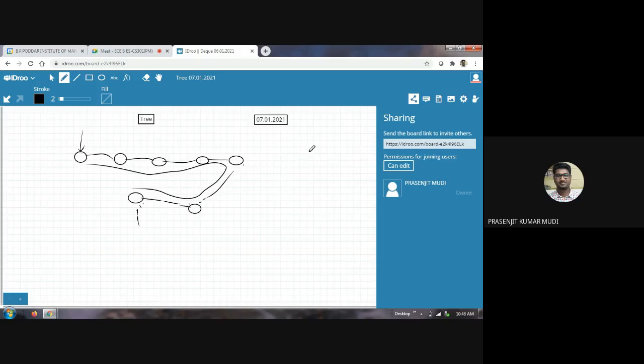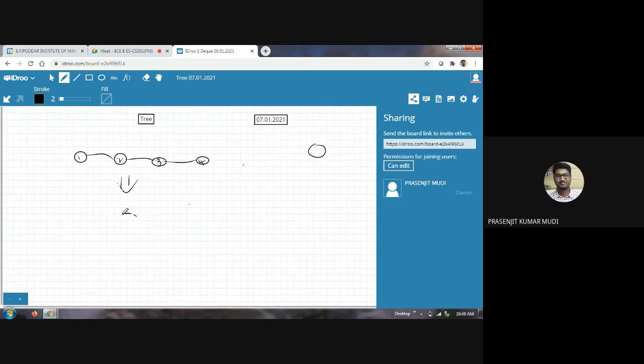This kind of structure is actually representing a linear data structure. Now if I change something in the arrangement of the elements, something like this: this is 1, this is 2, this is 3, and this is 4.